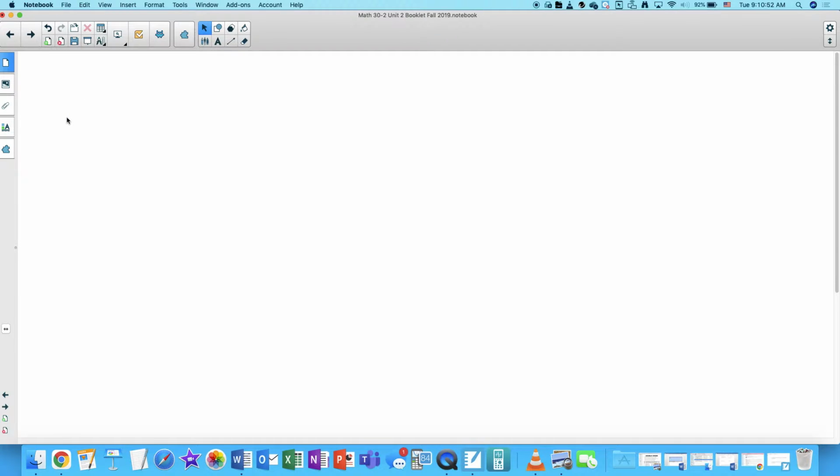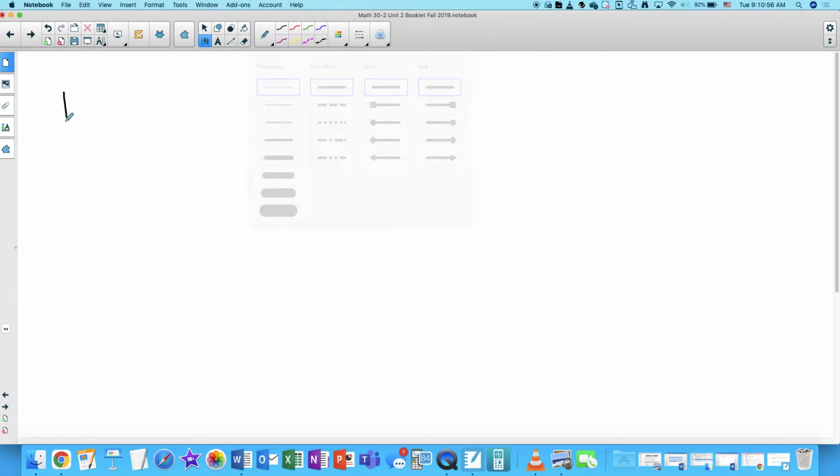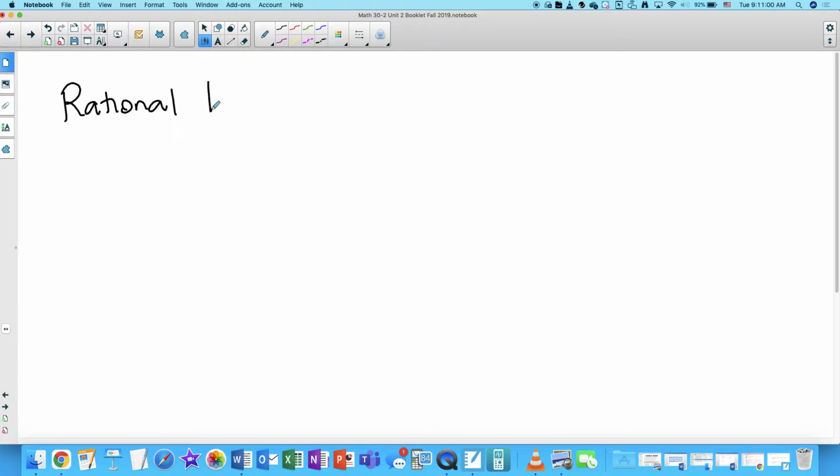Okay. So a rational number is a number that can be written as a fraction, a over b.